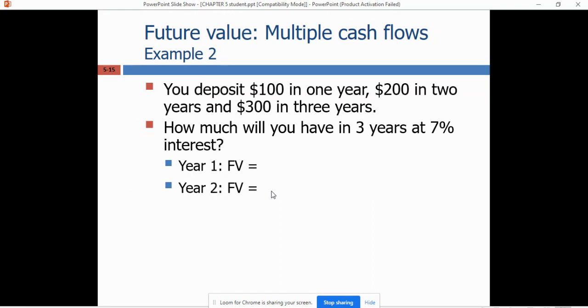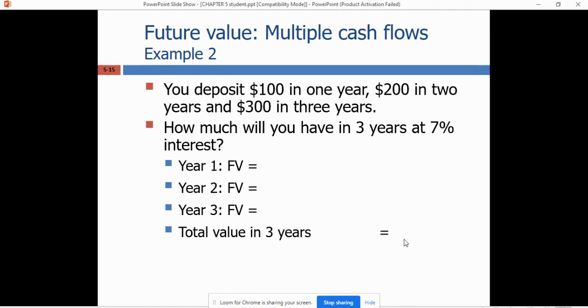Year 2, 200 times 1.07, you have only 1 year compounding, so you get 214. Year 3, you have 300, no longer any more time to reinvest, so it's exactly 300. So your total value in 3 years, you should be getting 628.49. All right, so you can fill up the information here.